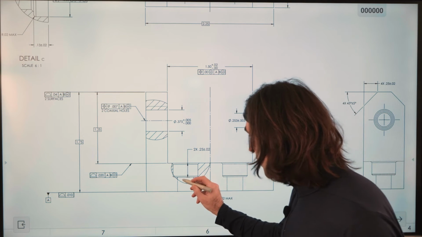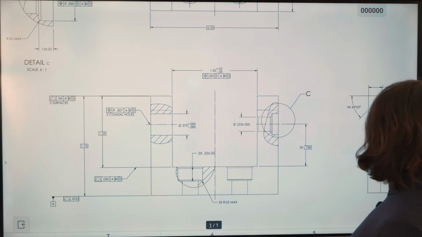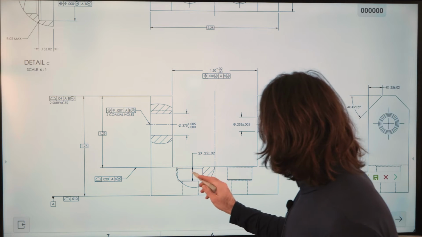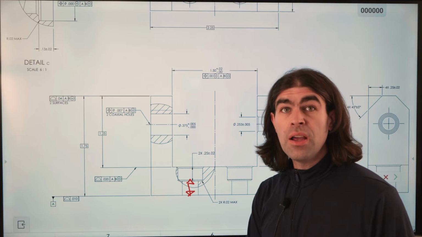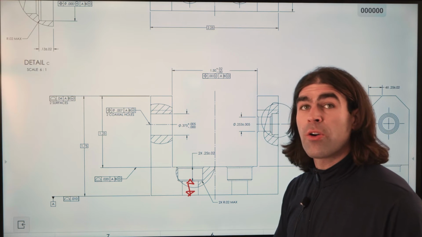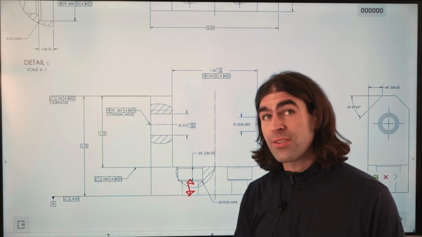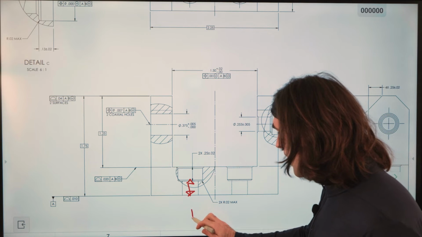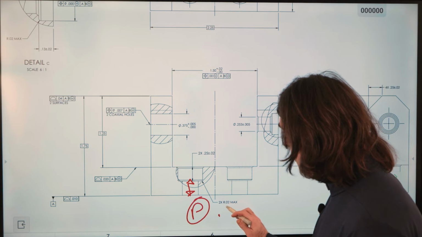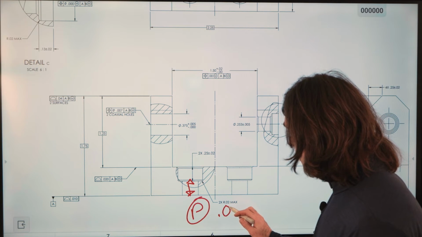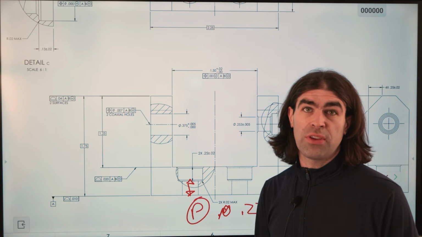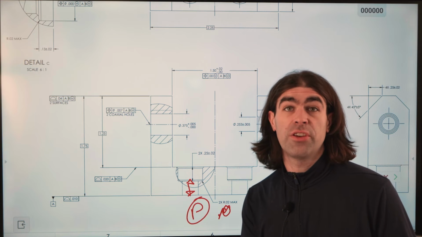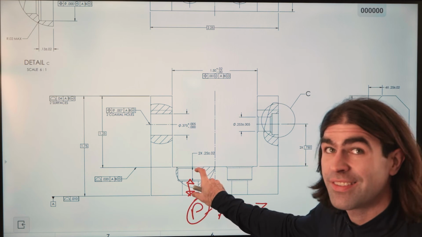I would say you only really need to take into account this distance right here, which is going to end up just being 1/4 inch plus or minus 20 thousandths. So your projected tolerance zone is going to be 0.27, basically the largest this thickness can be.